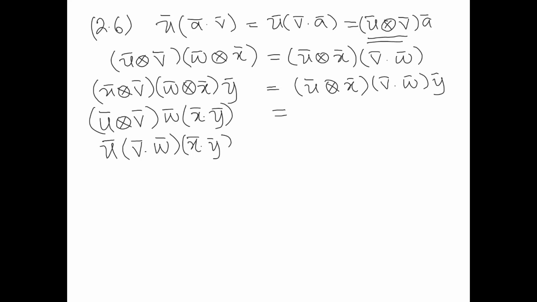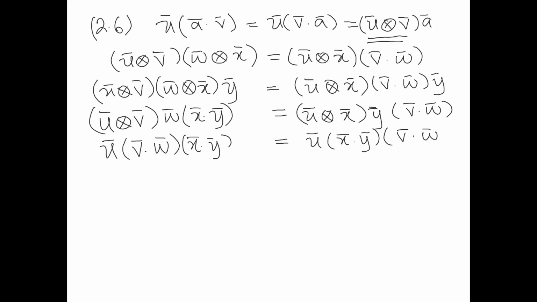Because v dot w is a scalar, we can write this as u, just changing the position of where that vector is, because the dyad operates on the vector. v dot w is a scalar, and we know that you can also write this as u. So we can see that the left-hand side and the right-hand side are the same.